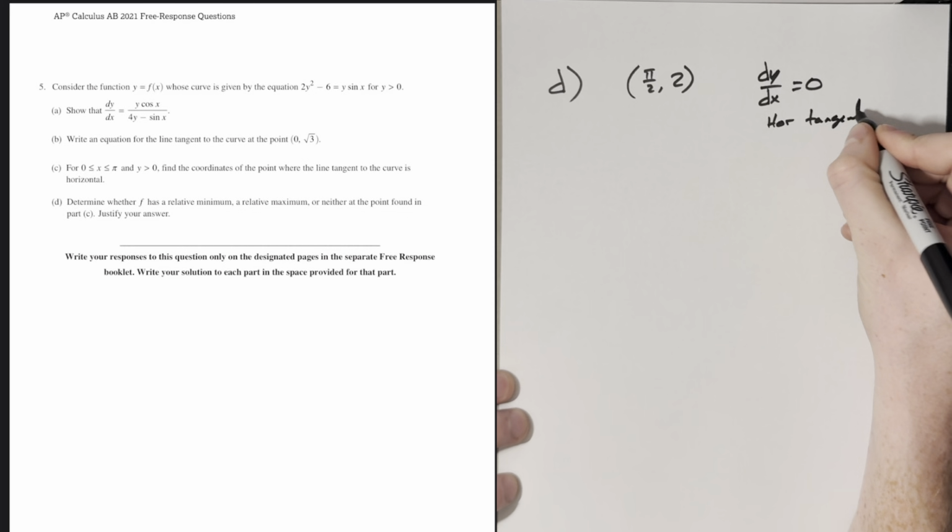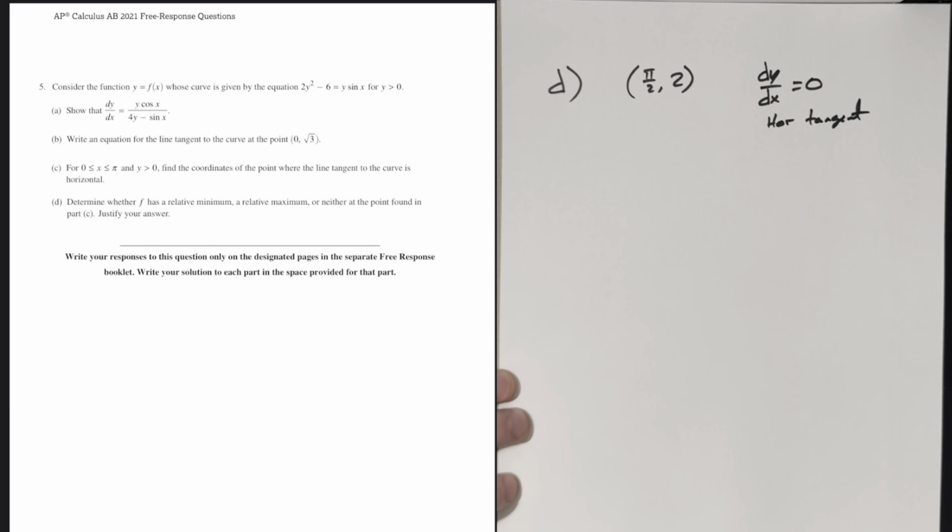All right, now, horizontal tangent. But we know that for a relative minimum, that's where my derivative goes from negative to positive. A relative maximum is where it goes from positive to negative. And neither would be something where it is positive on both sides or negative on both sides.